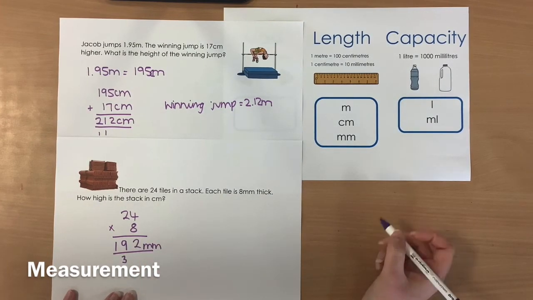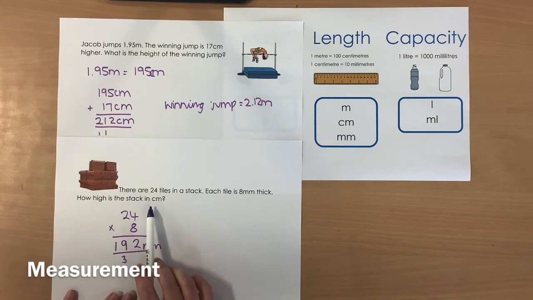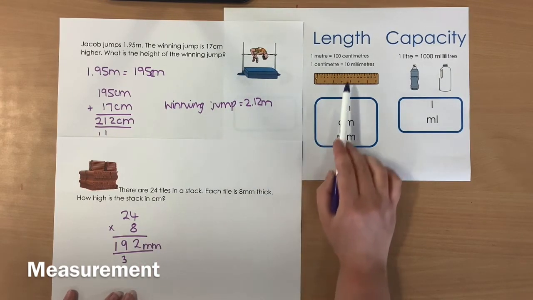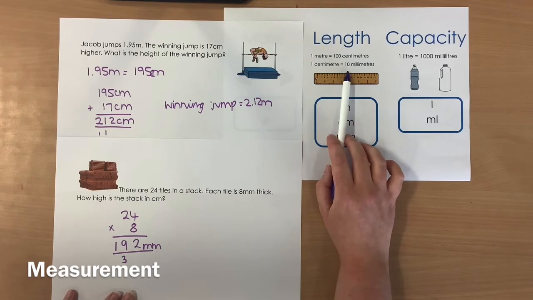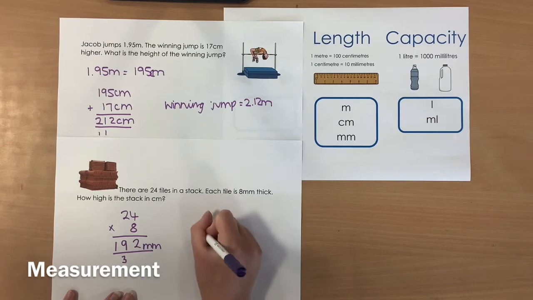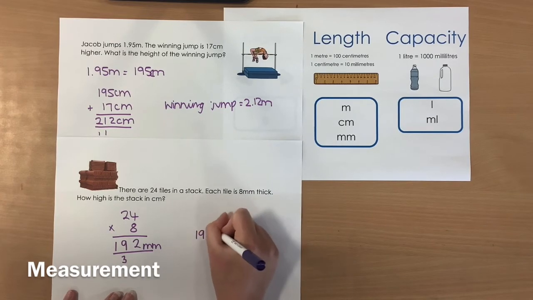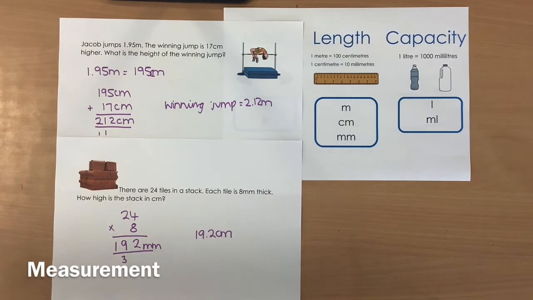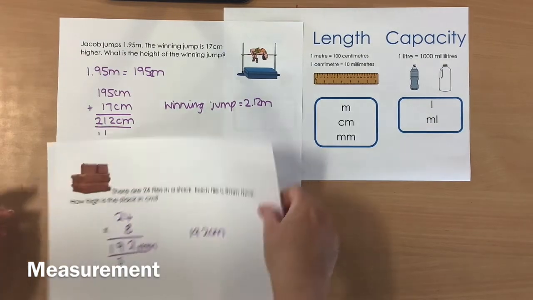Because the question's asked me in centimetres, I need to convert it back. I know that 10 millimetres is 1 centimetre, so I need to divide this by 10. It's going to be 19.2 centimetres, and that is how high the stack is.